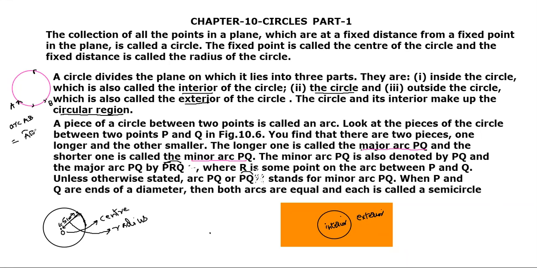Sometimes it is understood, but we should mention which arc we are considering. This is minor arc AB. If it is the major arc, we go from B to A, because we have to move in the same direction, anti-clockwise, so the direction will be opposite. So the major arc will be BA.